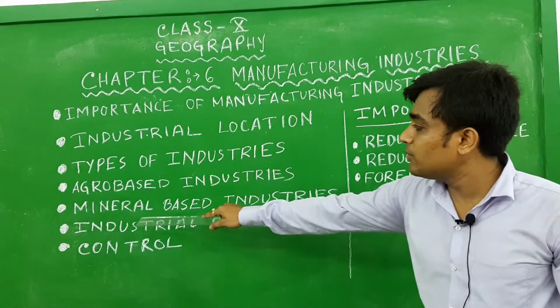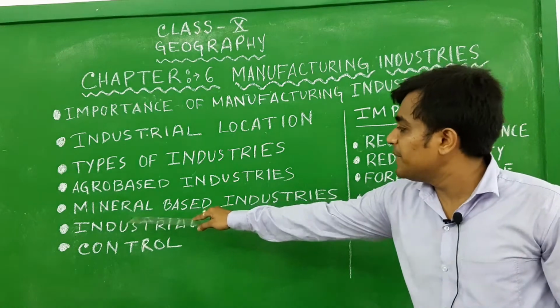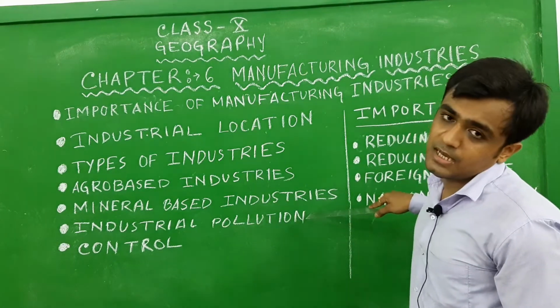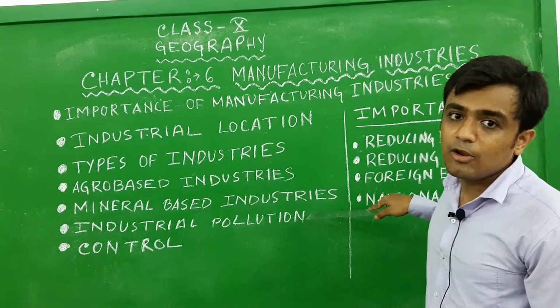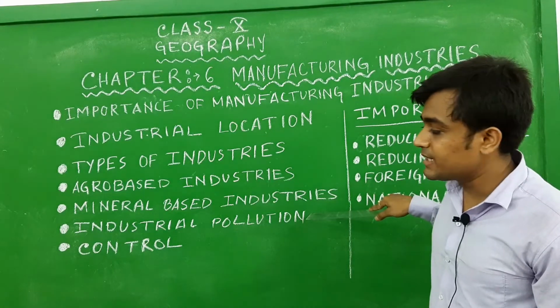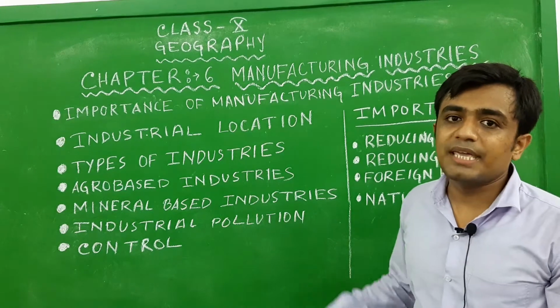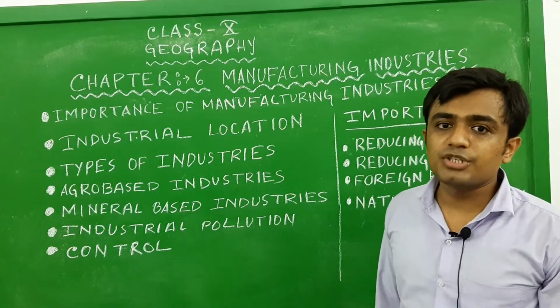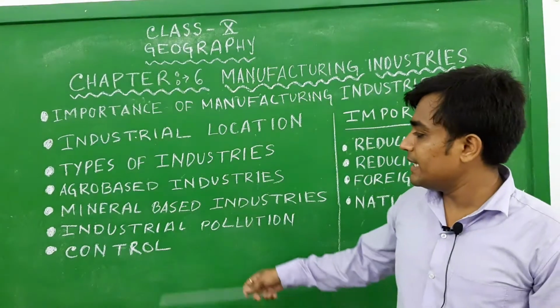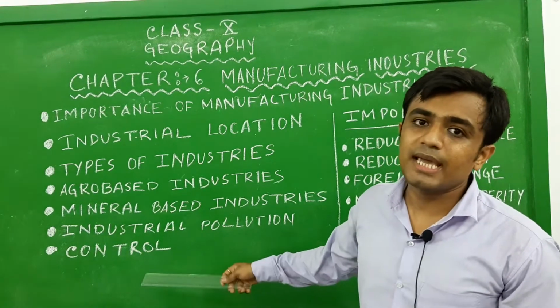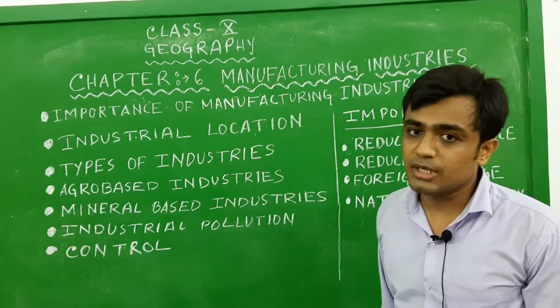Then we will discuss mineral based industries like iron and steel industry, aluminium industry, cement industry. Then we will discuss industrial pollution like air pollution, water pollution, soil pollution. Then in the last we will discuss how we can control that pollution.